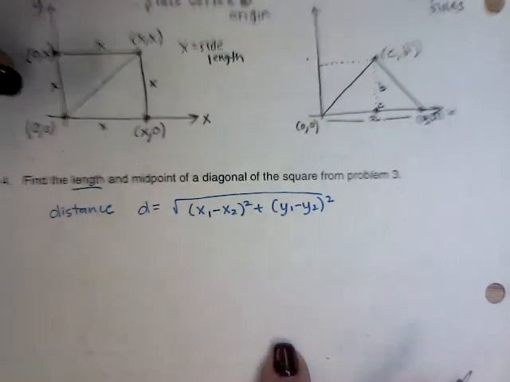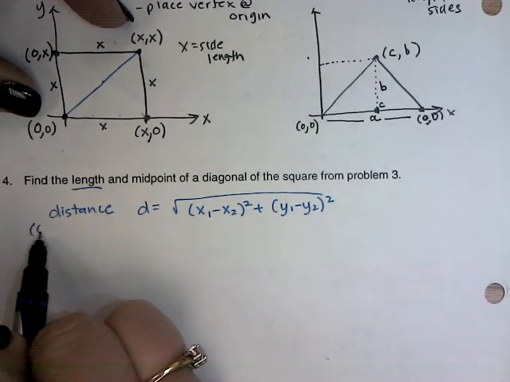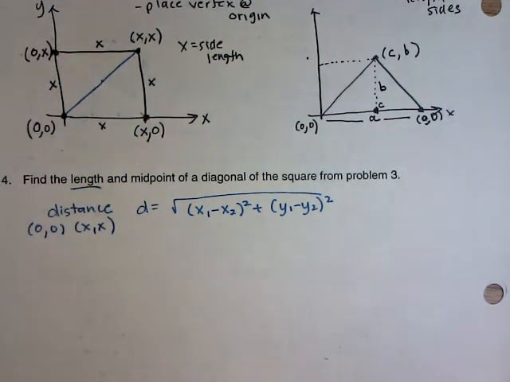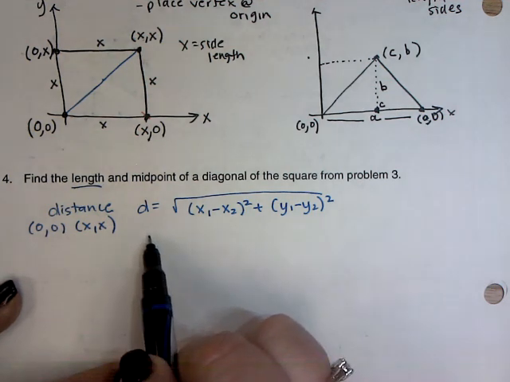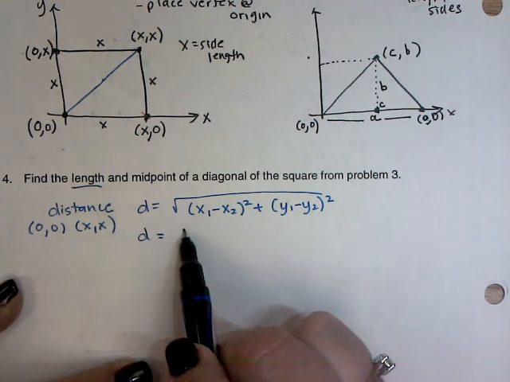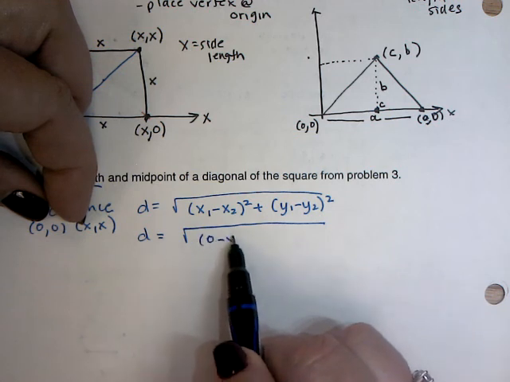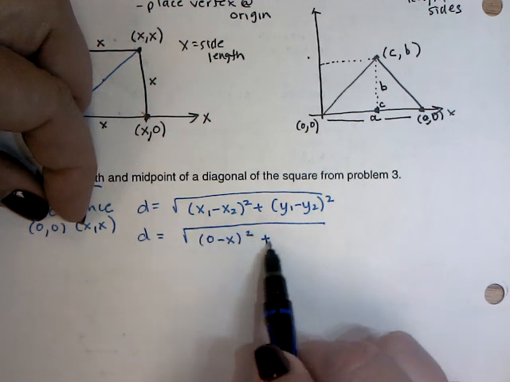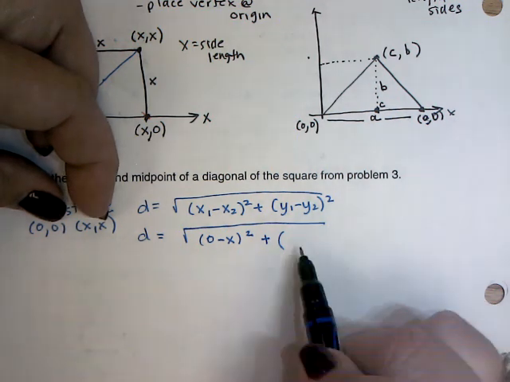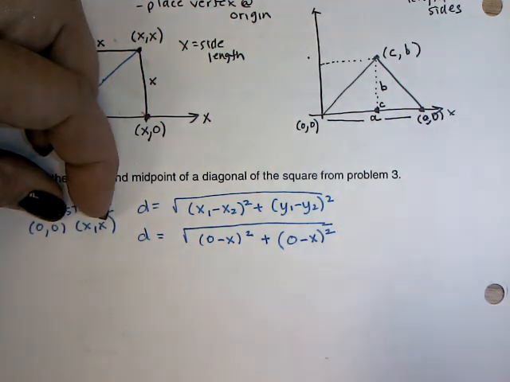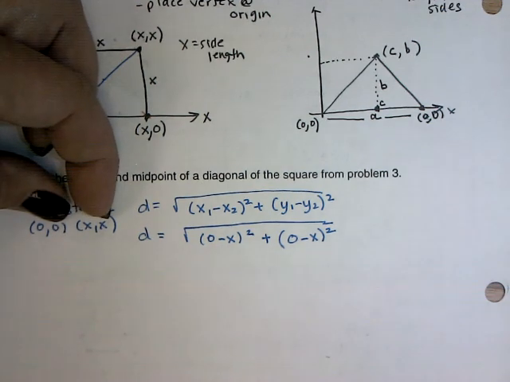Up here, I'm going to take the point 0, 0 and the point x, x. So I'm going to have 0 minus x, squared, plus 0 minus x, squared. Just because it's the y value, it's still the number x, okay?